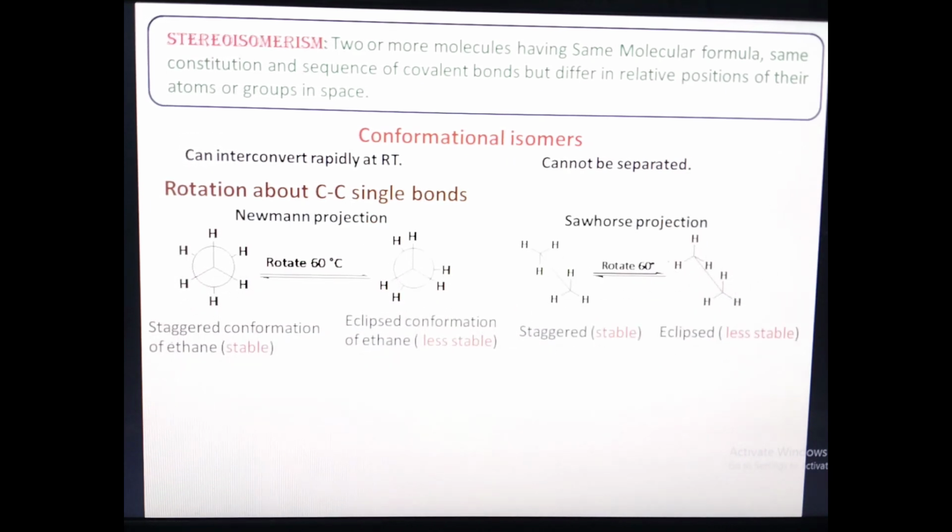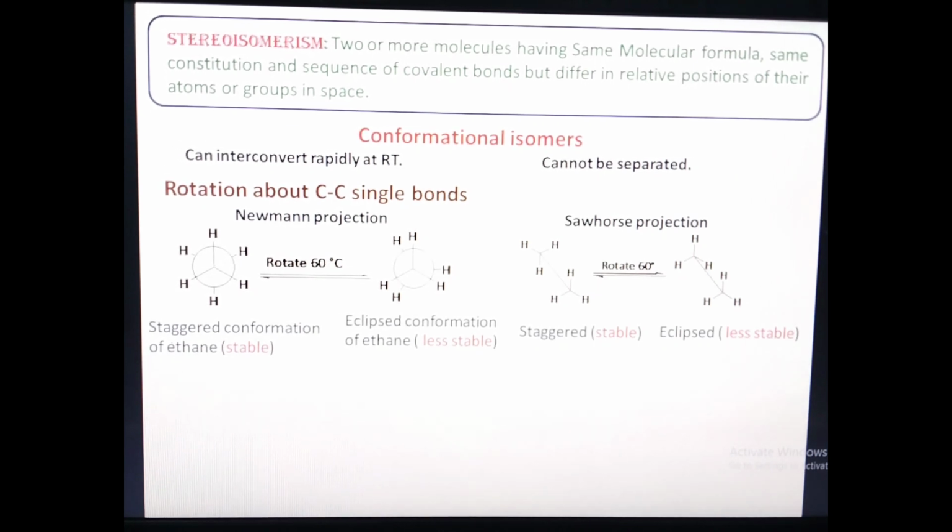Here you can see rotation about carbon-carbon single bonds in two projection formulas, meaning two types of studies. These are called projection formulas. One is the Newman projection and the other is the Sawhorse projection. Consider an ethane molecule.